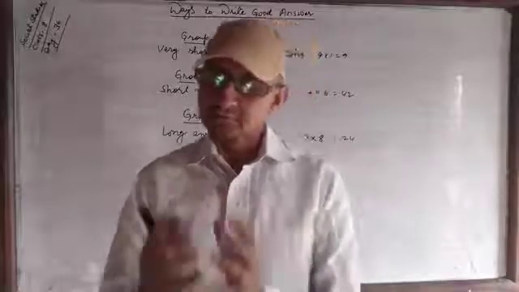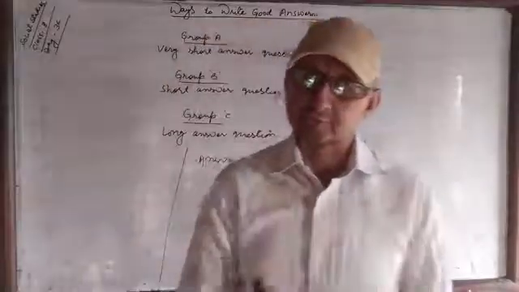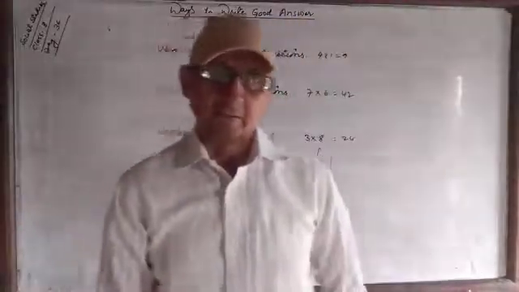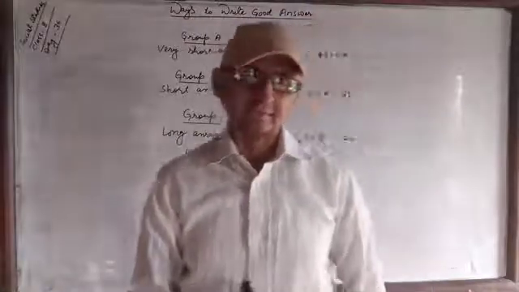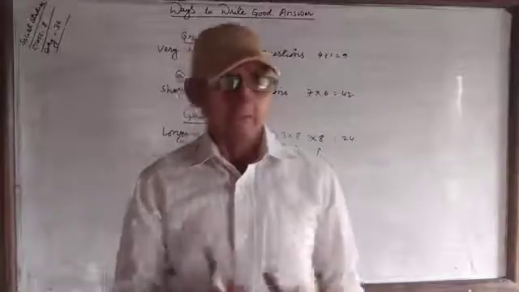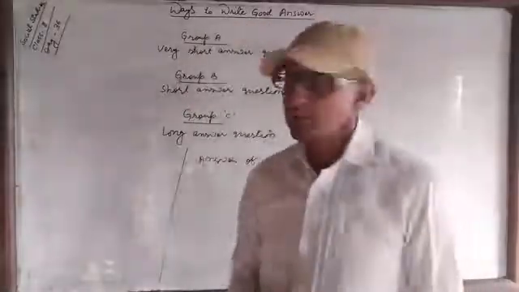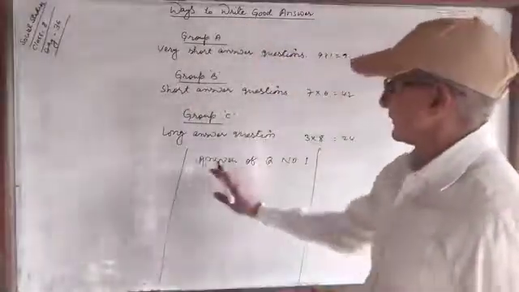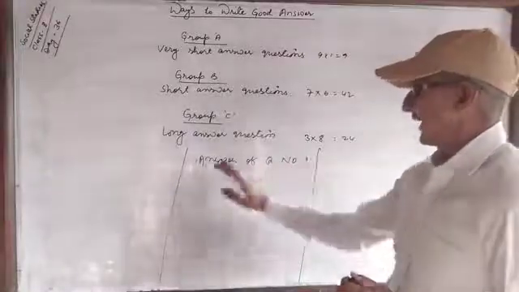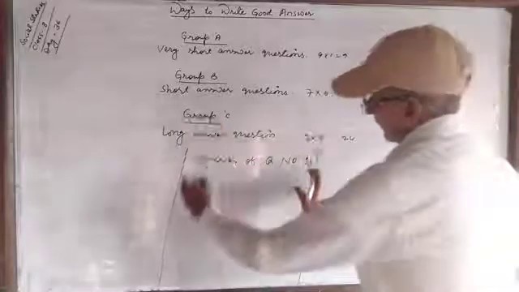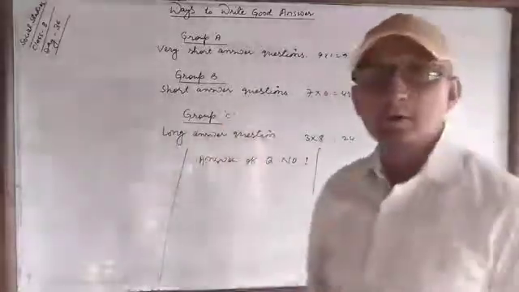Sometimes you need 2 sentences to complete the answer, but don't write more than 2 sentences. Before writing the answer, you have to write the question number, like answer of question number 1 or answer of question number 2, at the middle of your page.